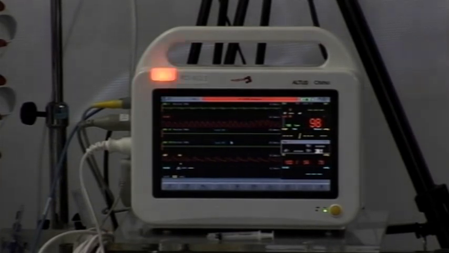You see 98? That's a dramatic improvement. So we know there. So what we have to do, just like if we were having given surfactant, we start to wean down our baby.